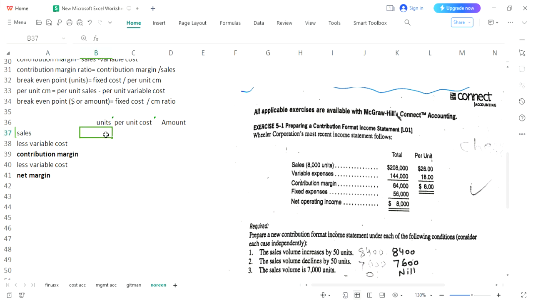That would be 8,000, our previous units, and he wants to increase it. Look here, he wants to increase by 50 units. So when you want to increase, you will add how many units? 50. So the statement which was provided in the question was made for 8,000 units, and now he wants us to make a statement by increasing 50 units.